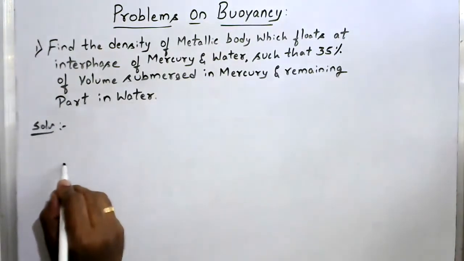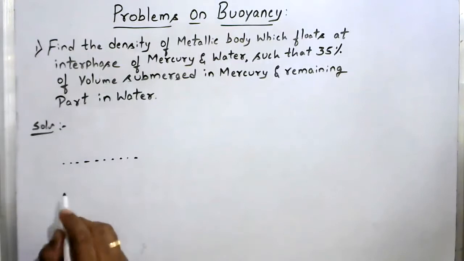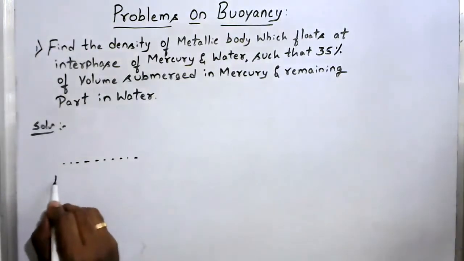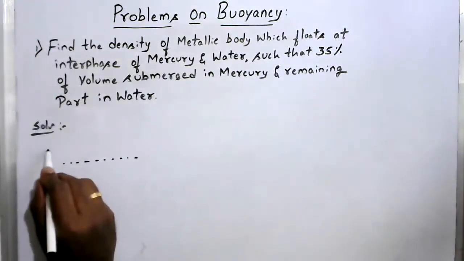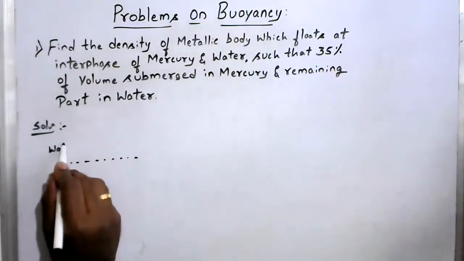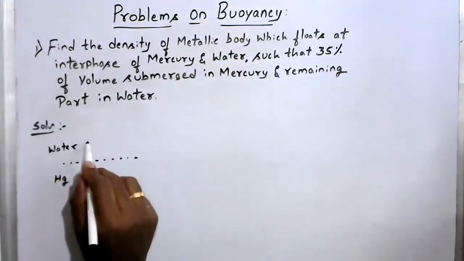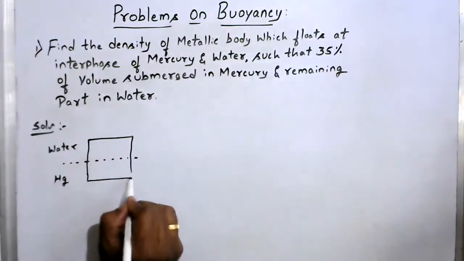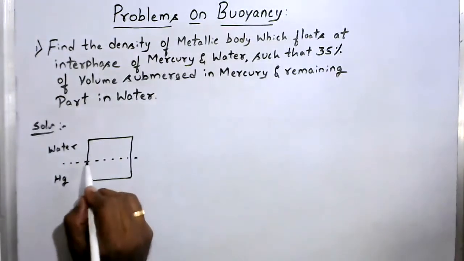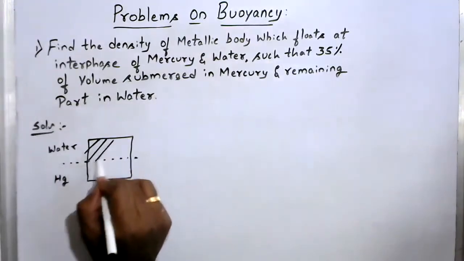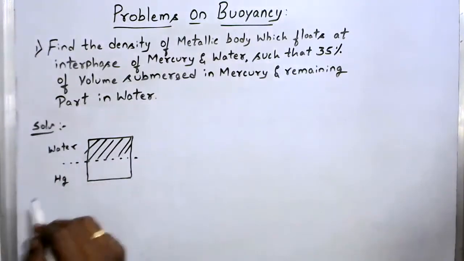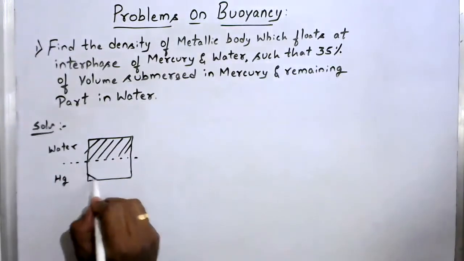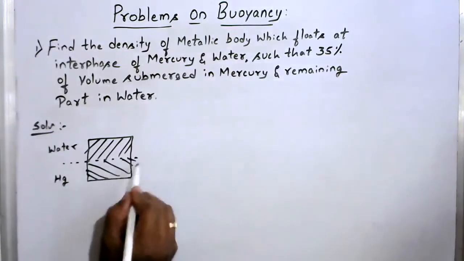Say we have two different liquids here. One is mercury, another one is water. A body is floating like this. Don't worry about the shape of the body. This part is in the water, and this amount of the body is in mercury.